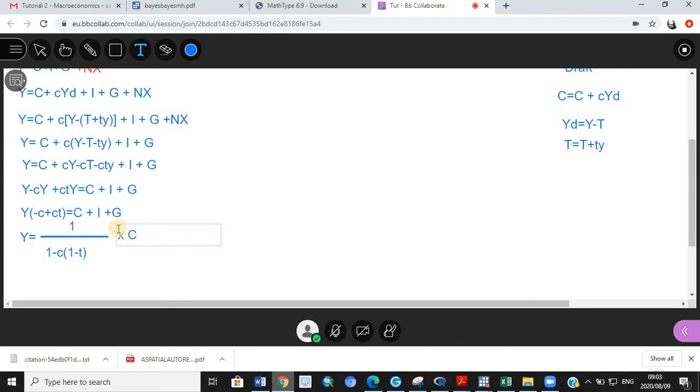Attention, something is missing here. We missed, listen, here we have c plus, minus ct plus Y plus G. So we've missed minus ct. So here also we've missed minus ct.